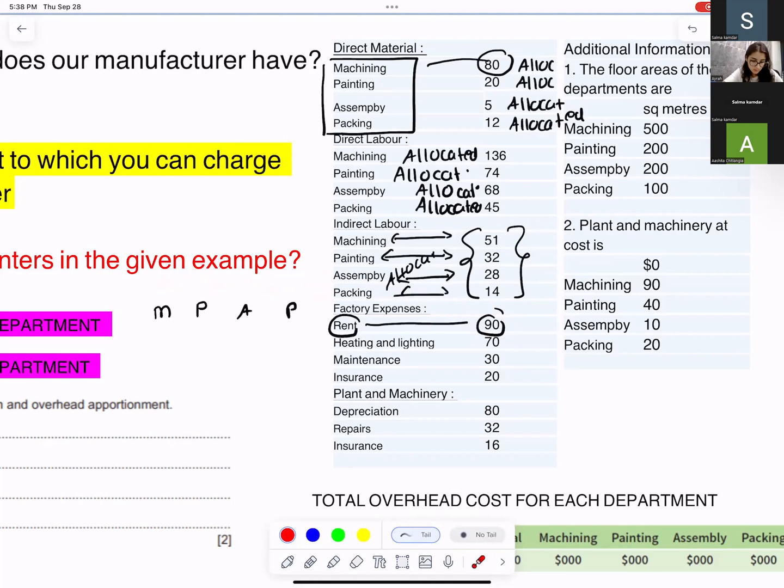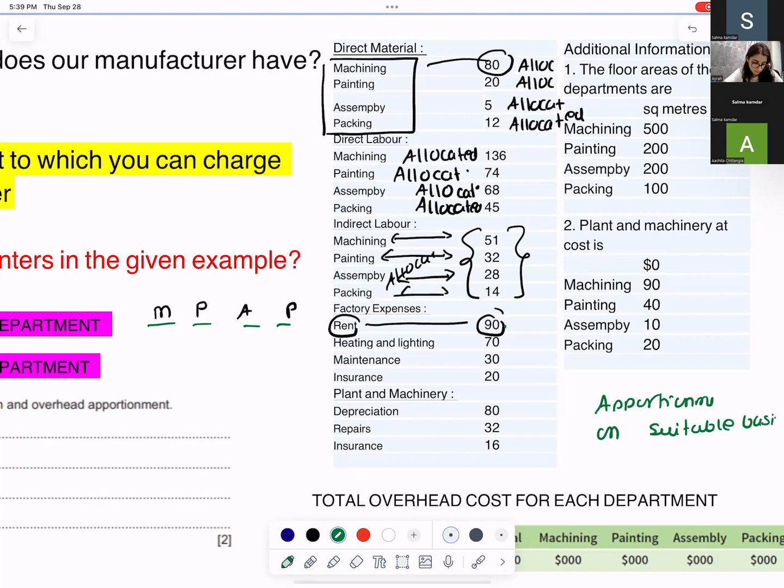You can't do allocation because in allocation, you know, this is for this. So when you cannot do allocation, in this case, you will do apportionment. What is apportionment? Apportionment is distributing your item of expenditure to your departments or cost centers on a suitable basis.